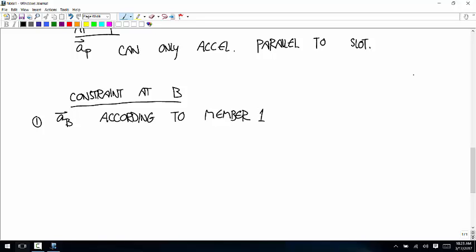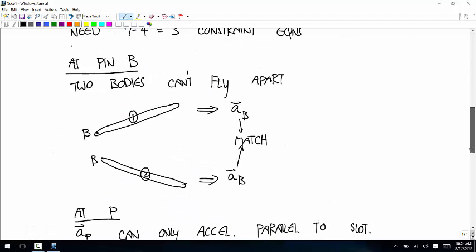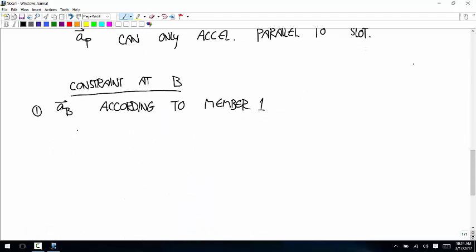member 1. Okay. Well, let's think about what member 1 does. That thing just rotates around that pin A, right? This pin A is fixed. And so you can think of that as a circular motion of this point B with A at the center. Okay. Any questions about that? So A is fixed.